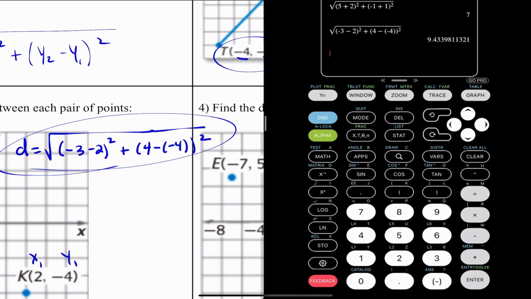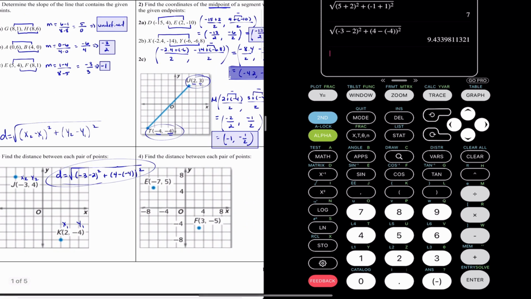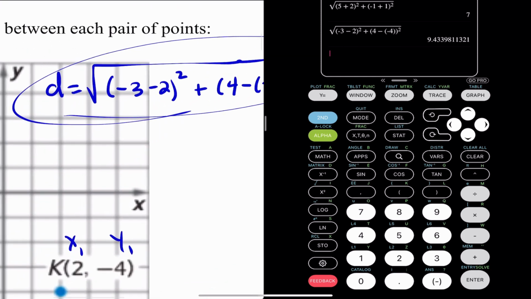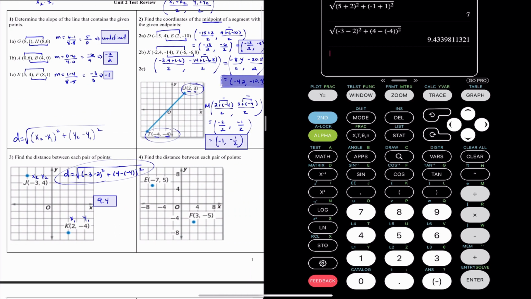Hit enter, and your answer should be, what is it asking me to do? Does it tell me to round? Okay, we're going to say round to the nearest 10th if needed, but in this case, the 4th carries the 10th place, but the 3 doesn't do anything. So that means my answer is 9.4. That's my answer, 9.4. Okay?